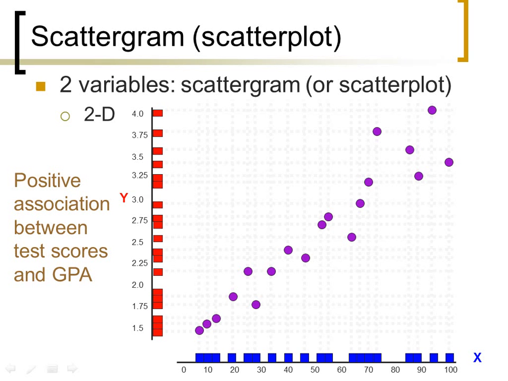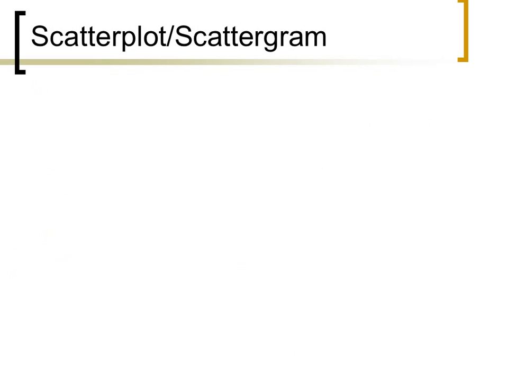Now, if it was doing the opposite, like crossing this, that would be a negative association. Positive association means that in general, people who have higher GPAs also have higher test scores, or people who have higher test scores also have higher GPAs. It could be argued that I should have put test scores on the vertical axis. I don't know. Depends on what kind of test scores they are, I suppose.